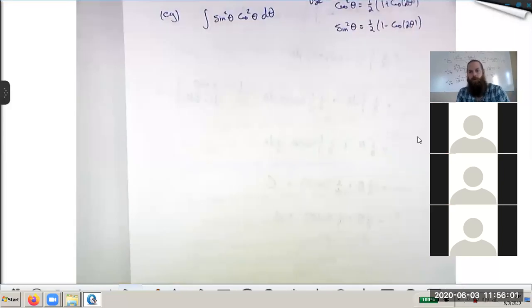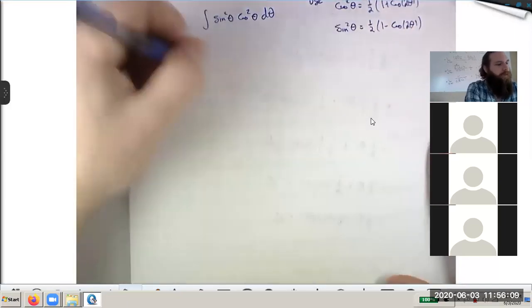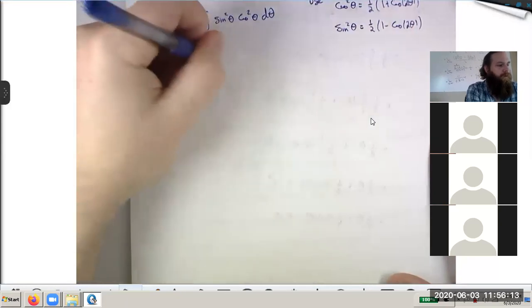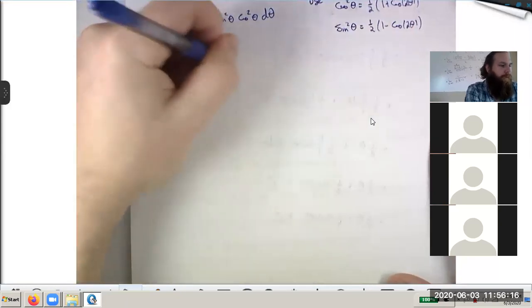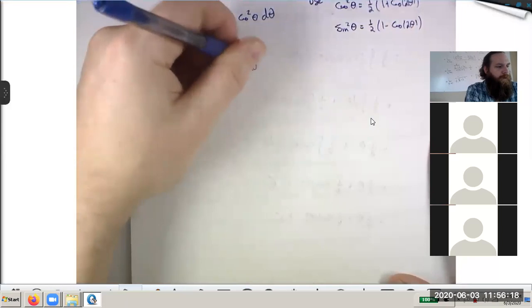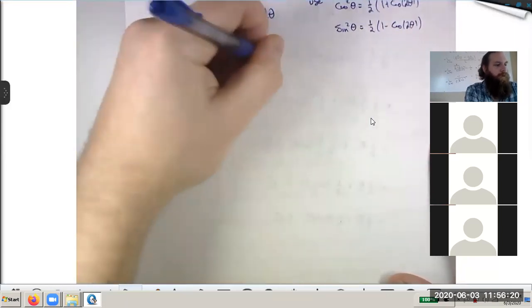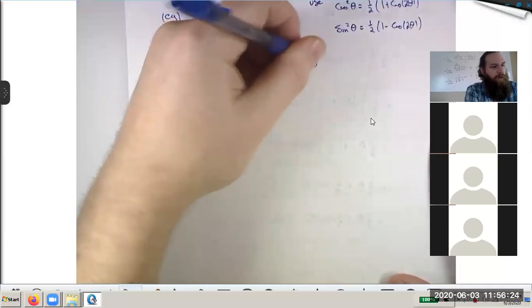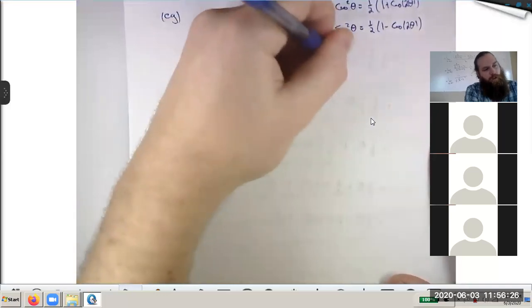The only difference between them is one's a plus and one's a minus. So if I plug both of those in, I get integral 1/2 times 1 minus cos 2 theta times 1/2 times 1 plus cos 2 theta d theta.